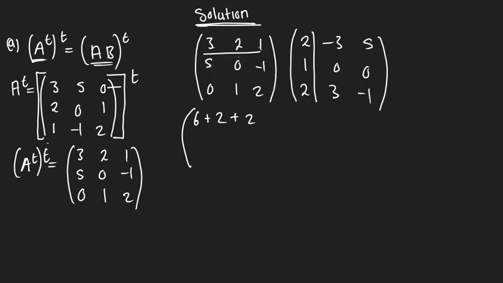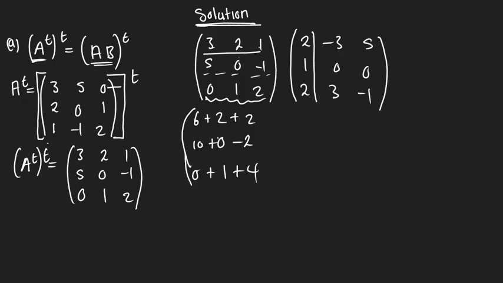We come to this side, same thing. 5 multiplied by 2, it's 10, 0 multiplied by 1, it is plus 0, negative 1 multiplied by 2, it's minus 2. Then we come to these guys here. 0 multiplied by 2, it is 0, plus 1 multiplied by 1, it's 1, 2 multiplied by 2, it's 4.